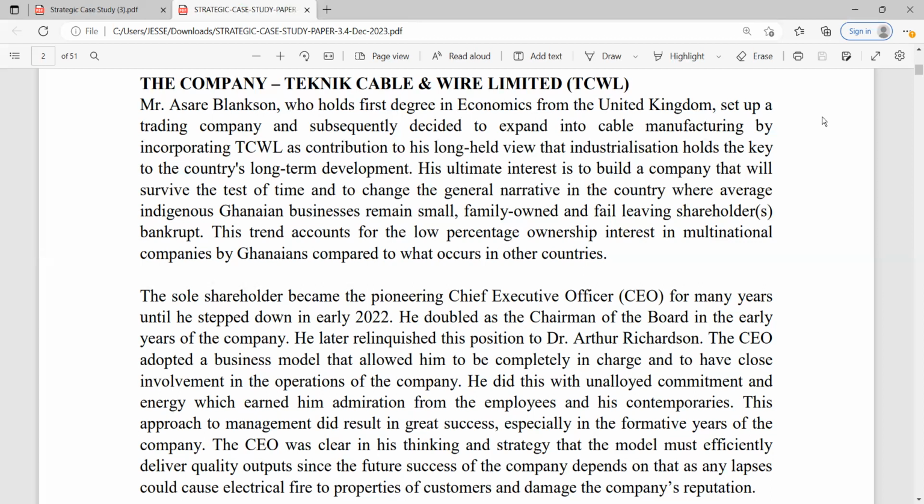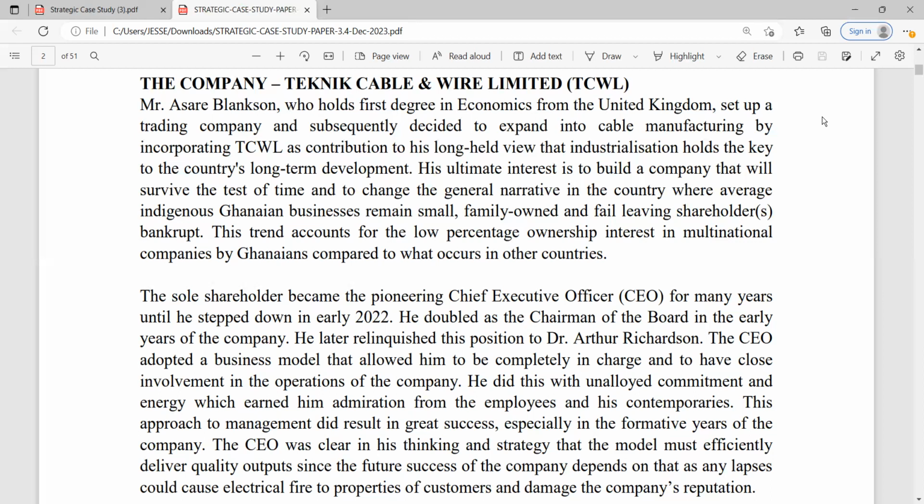So he wants to change the narrative of Ghanaian businesses. He wants to be the reformer, right? One who would change the tides and let it be known that Ghanaian businesses can survive the test of time. So that sounds like a very, very nice vision.